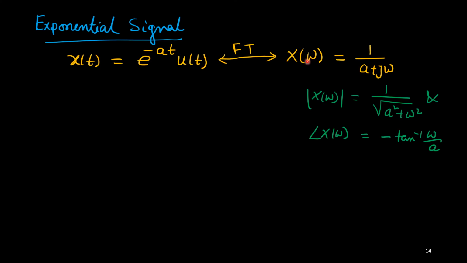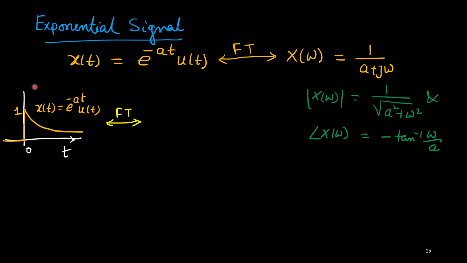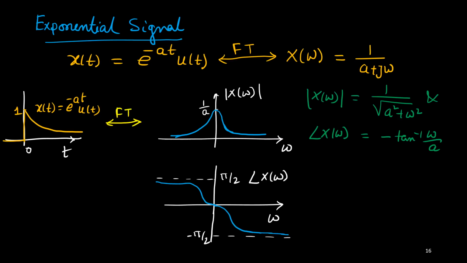Now we can draw these two shapes. This is your magnitude plot, this is your phase plot. This is your signal, a time domain exponentially decaying signal. On the left side it is 0. Its Fourier transform will look like this. This is the magnitude plot, and you see the magnitude is decaying, because as omega increases, the magnitude decreases. The highest amplitude is at omega equal to 0, where the value is 1 upon a.